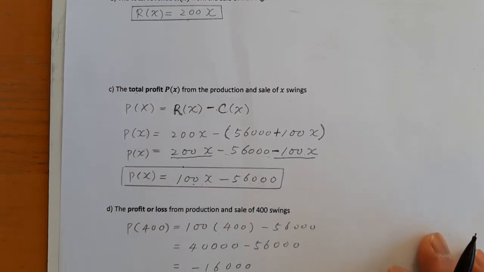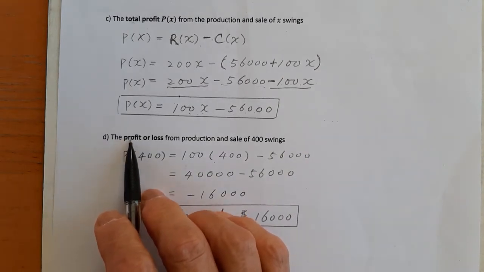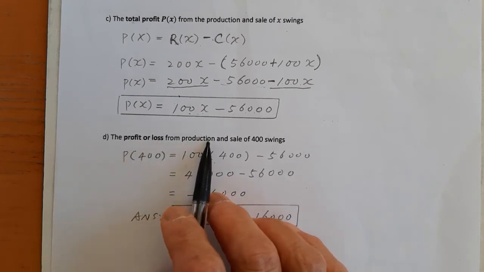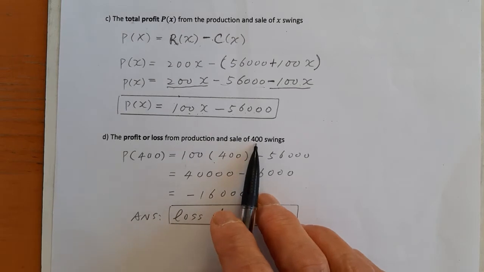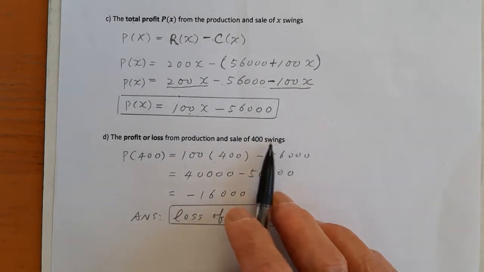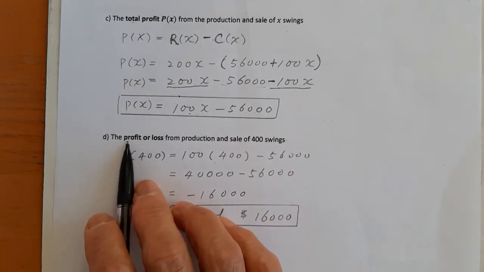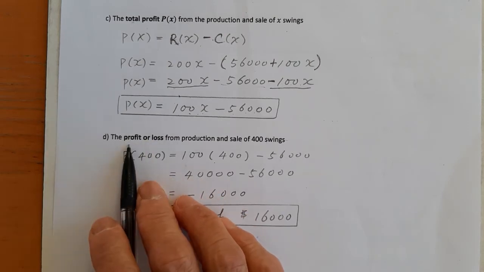Now they ask whether you have a net profit or a loss from production and sale. If you just produce 400 swings and sell 400 swings, will your net profit be a loss or a profit?